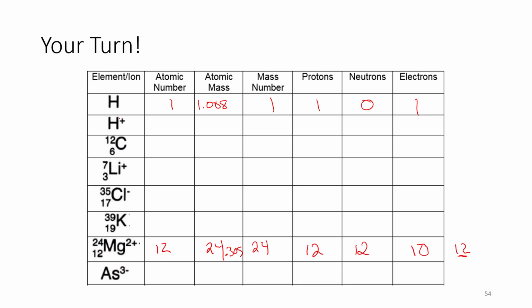Here we have hydrogen. It has an atomic number of 1, an atomic mass of 1.008. This is a 0 if you didn't know up here. Mass number of 1. 1 proton, 0 neutrons, and typically it would have 1 electron.